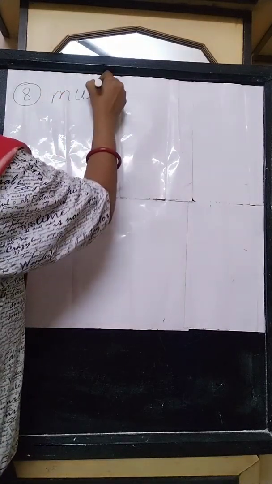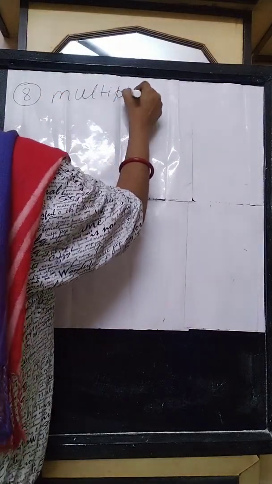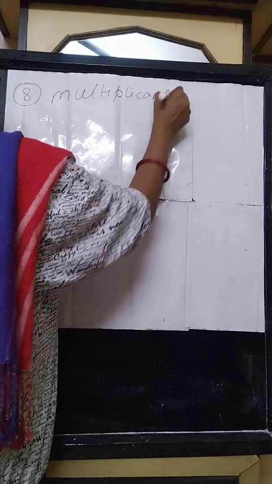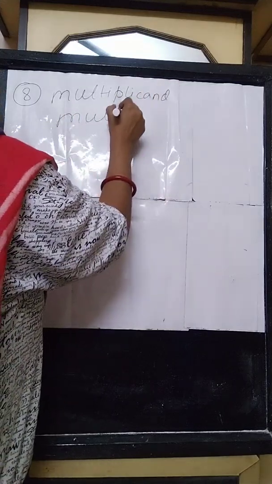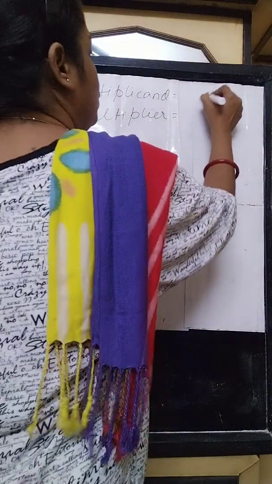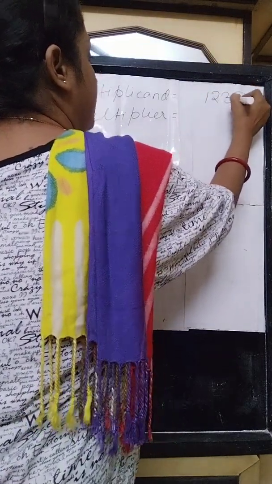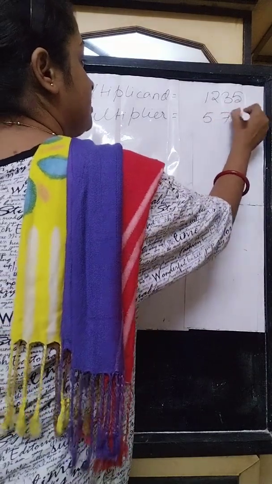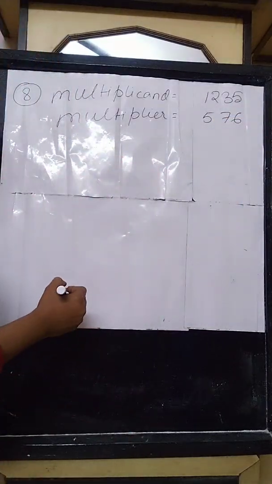Simply write multiplicand and multiplier. Both are given in the sum. The multiplicand is given as 1235 and the multiplier is given as 576. You are asked to find the product.